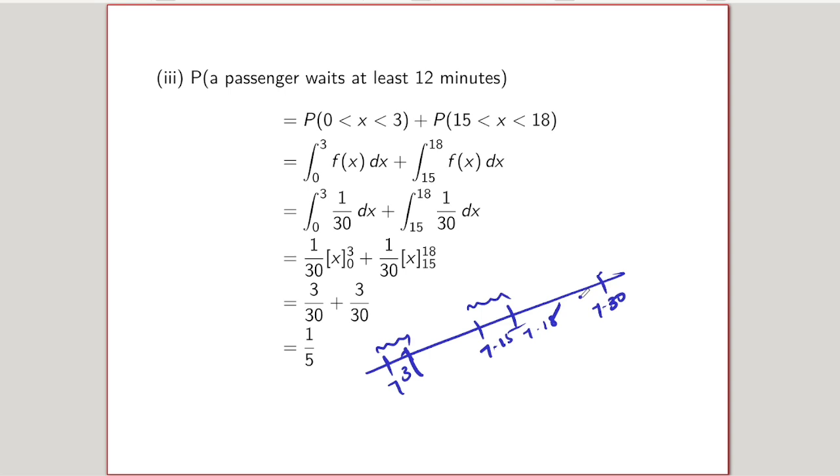So the integral limit is from 0 to 3, and here the integral limit is from 15 to 18. After substituting the PDF value and taking that 1/30 constant outside our integral, 3 minus 0 gives 3, and 18 minus 15 is 3. So the total is 6 divided by 30. The answer will be 1/5.